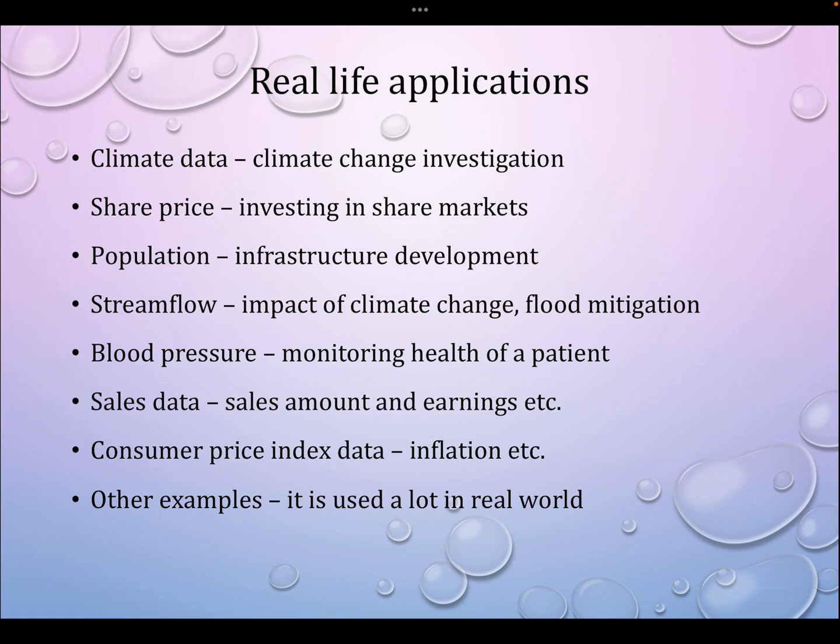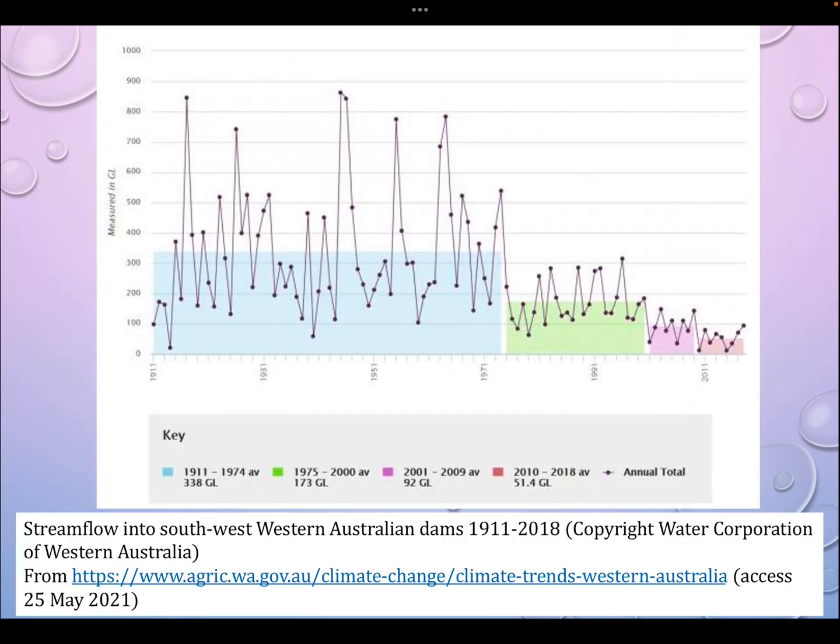Again, if you look at stream flow, it's the impact of climate change, flood mitigation, and so on. Monitoring the health of a patient, blood pressure. Sales data is important. The sales amount and the earnings, we can predict the earnings. And consumer price index data, inflation, and so on. So it's actually used a lot in the real world.